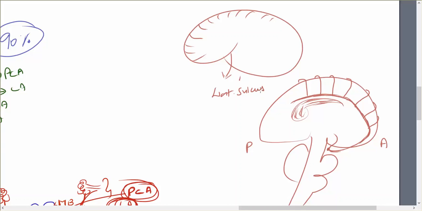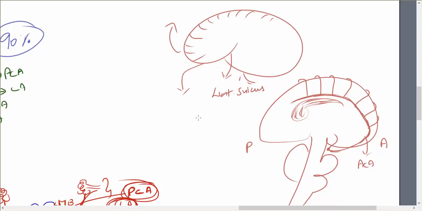So this is how the anterior cerebral artery gives branches. Now the middle cerebral artery. Actually, now I'm going to do one thing. I'm going to lift this lobe. I'm going to separate the two lobes of the cerebrum from the lateral sulcus.